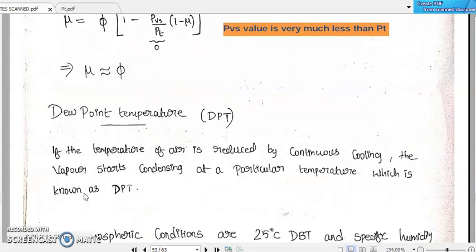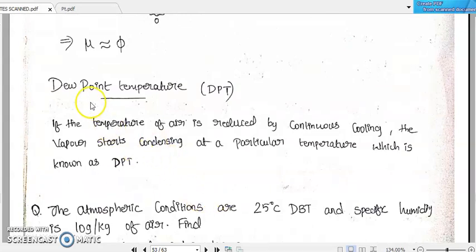Then another term that comes commonly into picture in our discussion of air conditioning is dew point temperature. Dew. You might have observed our morning dew. Suppose we are parking our automobiles, or if you wake up early in the morning and go out and observe, you might see tiny droplets of water sticking onto the automobiles parked outside, or on the green leaves of the vegetables.